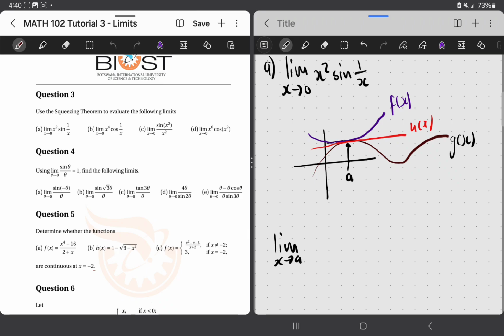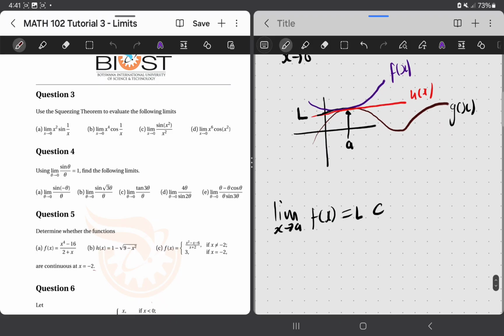So if the limit as x approaches A of f of x is equal to L, and the limit as x approaches A of g of x is also equal to L, then obviously it means that the limit as x approaches A of h of x, which is the middle one, is L.